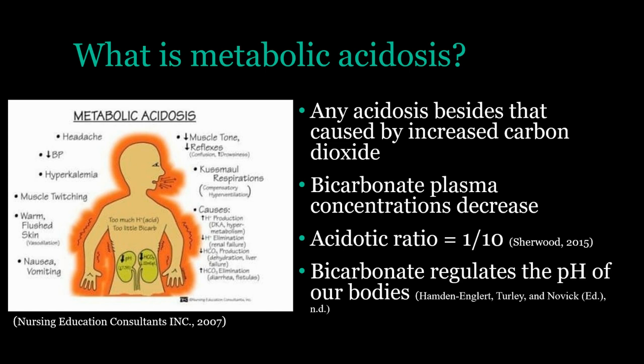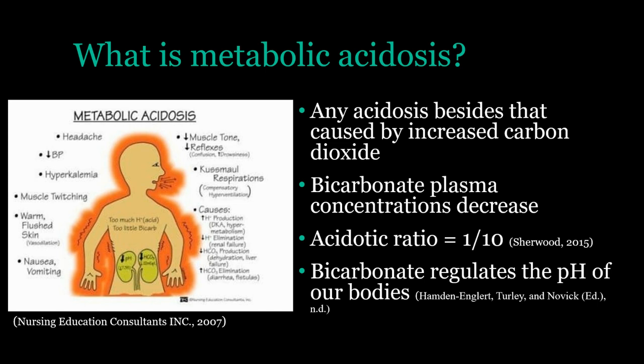Metabolic acidosis is always characterized by a reduction in the plasma concentration of bicarbonate. However, carbon dioxide concentrations will remain normal. So, this would produce an acidotic ratio of 10 to 1, which is less than our 20 to 1 ratio that we just discussed.